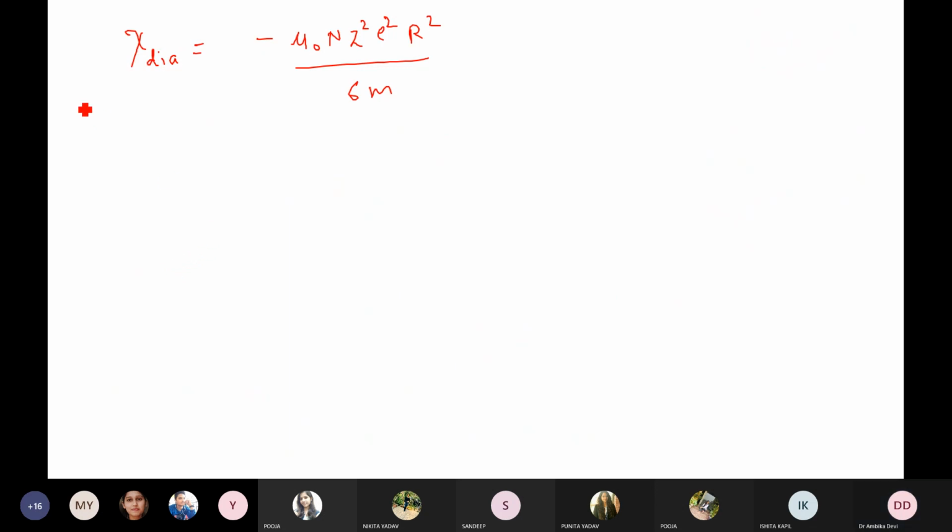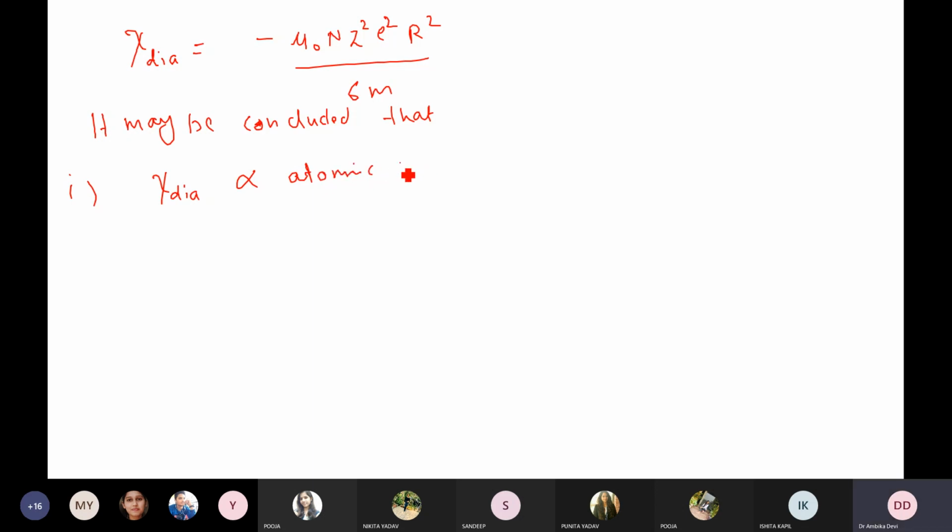Okay, so from this article it may be concluded that, number one, diamagnetic susceptibility is directly proportional to the atomic number Z, so higher the atomic number, higher will be the diamagnetic susceptibility.